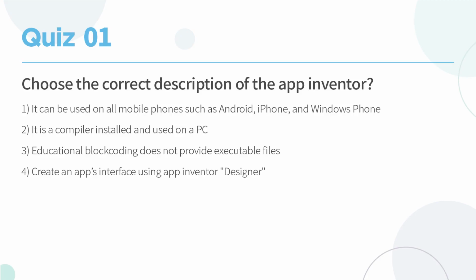Number one, it can be used on mobile phones such as Android, iPhone, and Windows Phone. Number two, it is a compiler installed and used on a PC. Number three, educational block code does not provide the executable file. Number four, App Inventor creates the app's interface using the App Inventor Designer. Please think within 30 seconds, then let's check the answer.